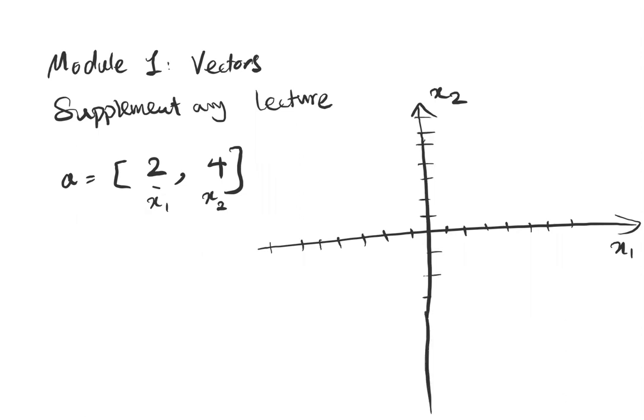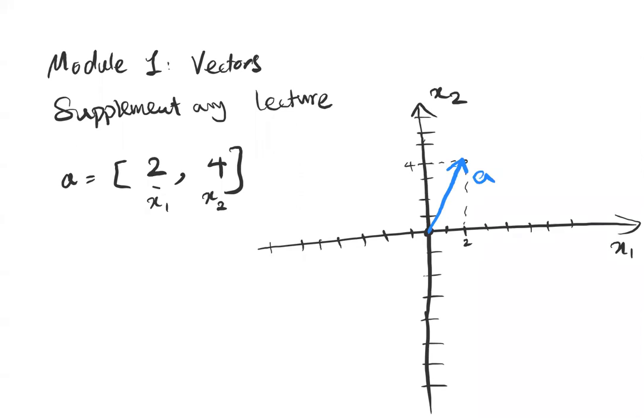To represent this vector, I start from the origin and go to x1 equal to 2, x2 equal to 4. So this is my vector A.